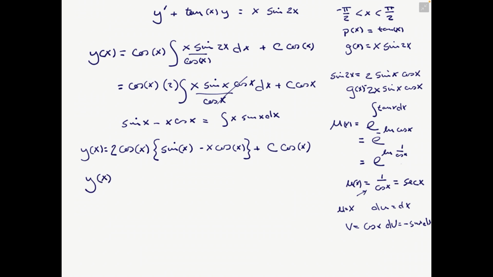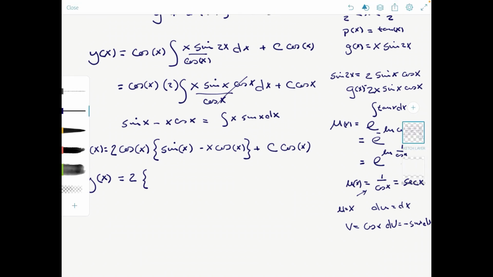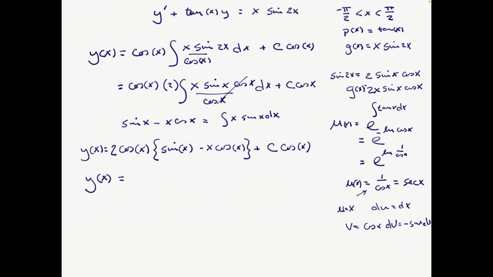I mean, we could multiply through. Actually here, we've got an identity, so we have sine of 2x minus, whoops, let's get that right, 2x cosine squared x plus c times cosine of x.